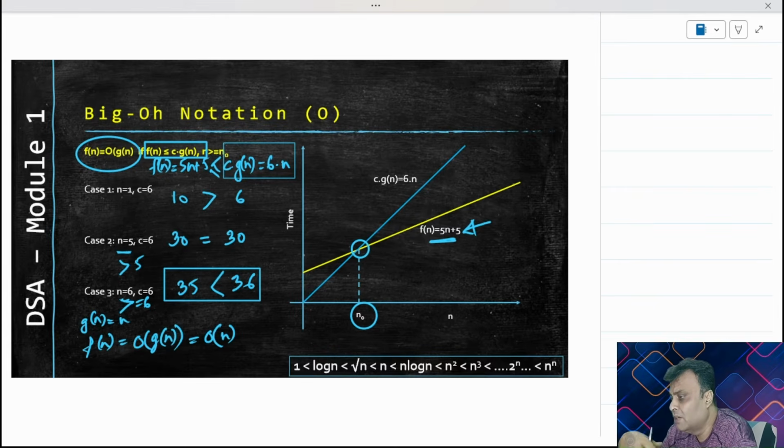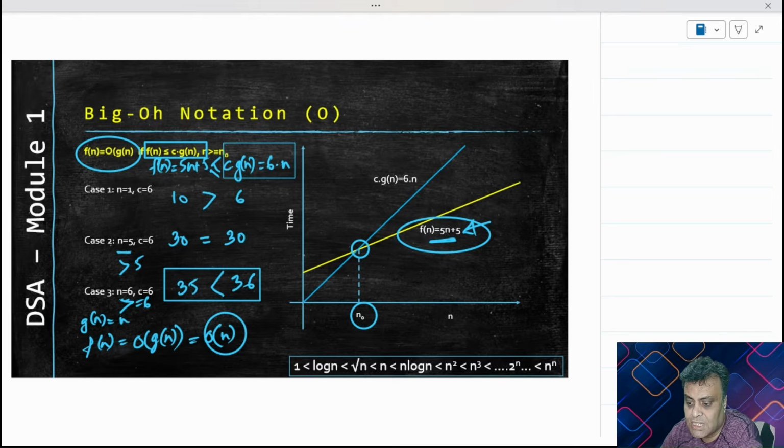Now if you come back to the fact that your time complexity is n, do you see and appreciate the fact that the upper bound of the time complexity is coming to be order of n? That means your own time complexity is your upper bound. And I told you that if your complexity is a conventional complexity class, then your upper bound will coincide with your conventional complexity class. In this case, 5n plus 5 was a linear complexity class, so the upper bound came as the linear complexity class.